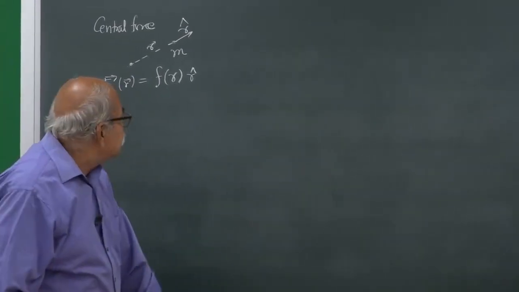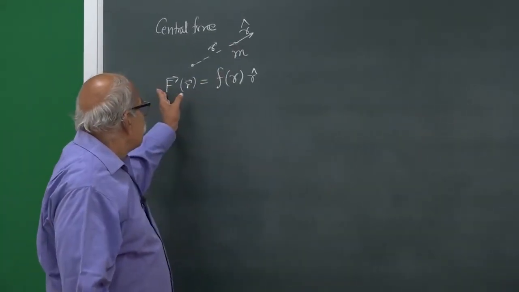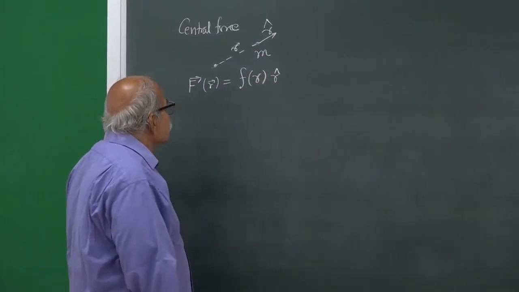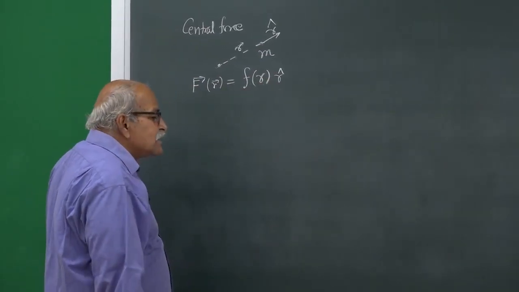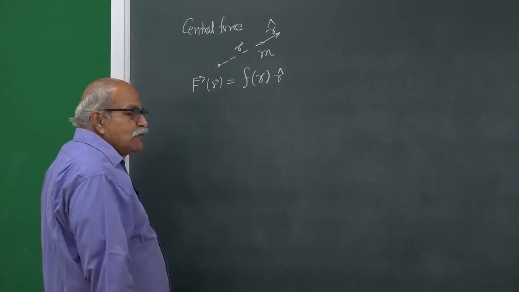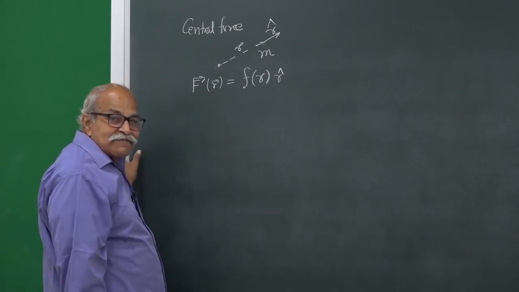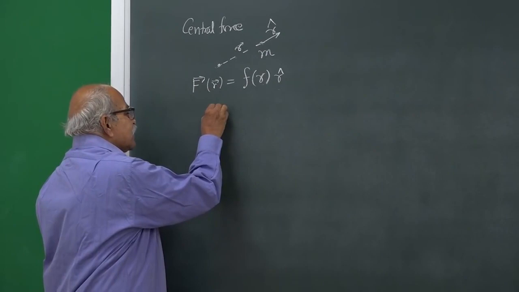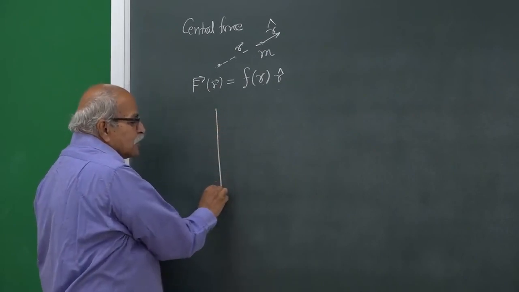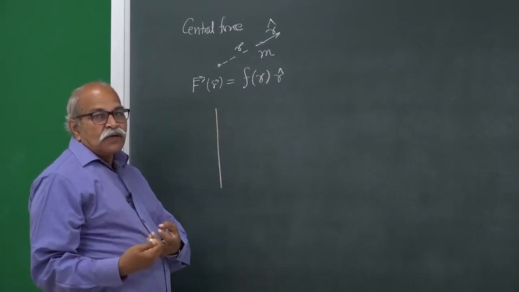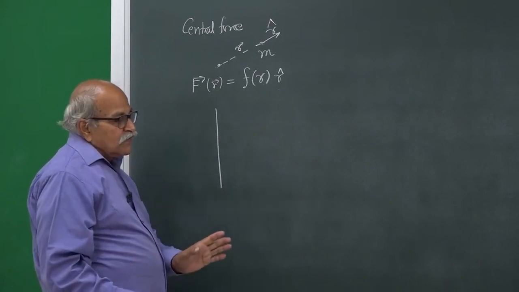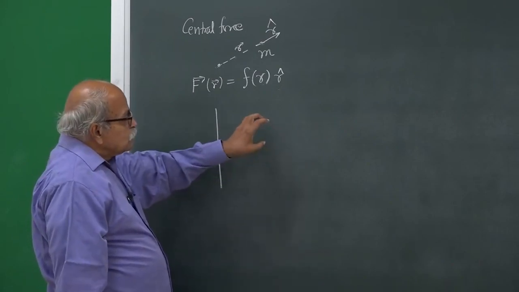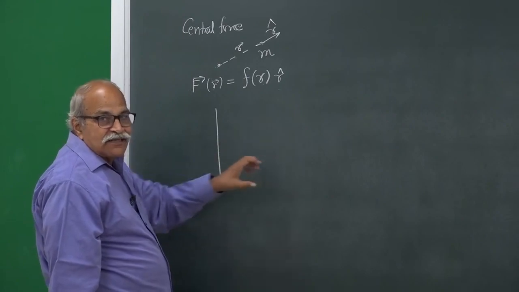Now, suppose this particle is acted upon by this central force, and we ask what is the angular momentum of the particle. How do I write the angular momentum of the particle? First let us take some axis, and in this process I will be telling you more about another coordinate system in 2 dimensions, which is known as plane polar coordinates.